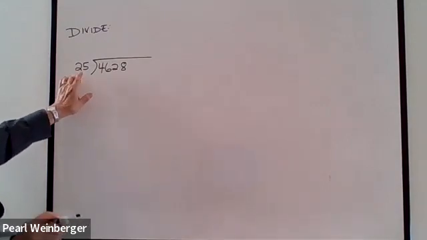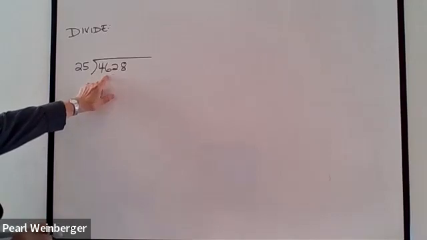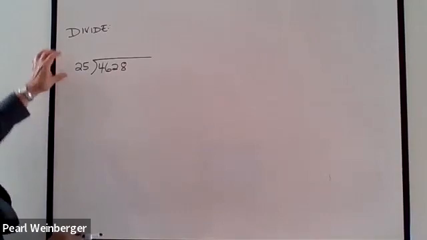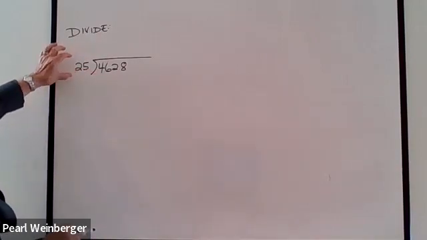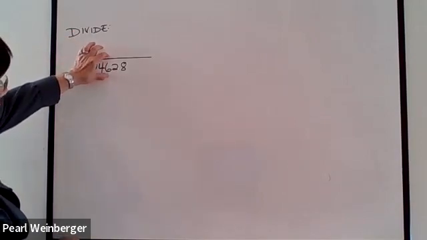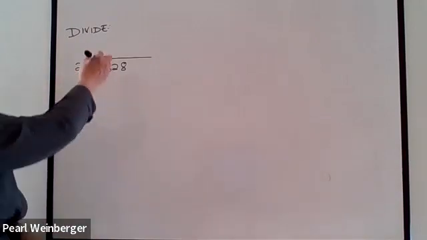Okay, so I'm dividing the number 25 into the number 4,628. And of course, I can't divide 25 into the whole thing, so the 25 can't go into the 4, but the 25 can go into the 46. So I do 25 into 46, it goes once.